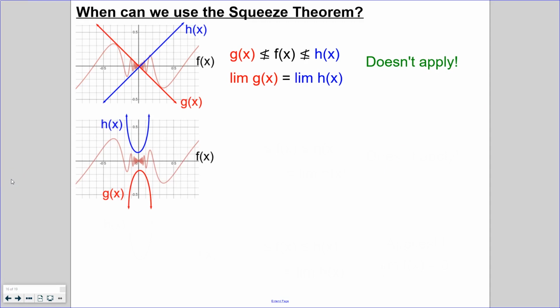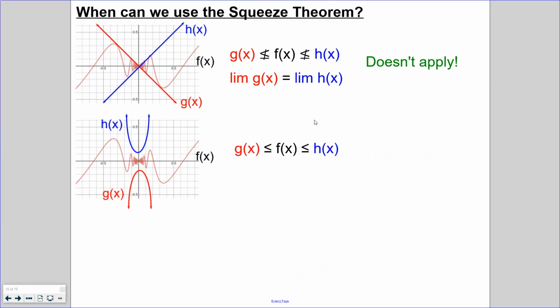All right, so here we have another example. We have our same salmon orange colored f of x graph in the middle, and here h of x is above f of x and g of x is below f of x. And we can see that no matter what, h of x is going to be greater, and no matter what, g of x is going to be below. So we could use this particular graph to form our compound inequality.